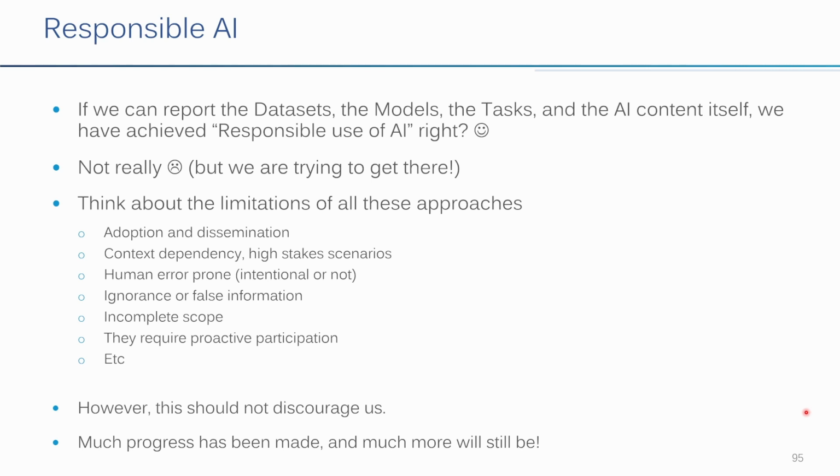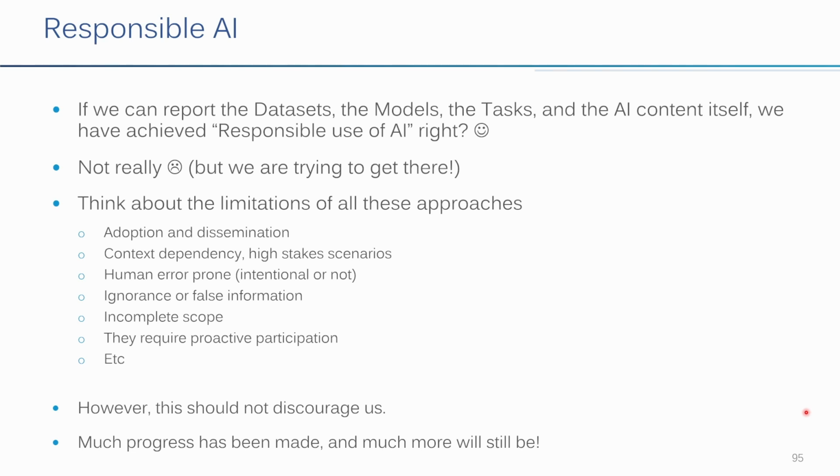For example, the adoption of all of them takes some time. Imagine one has to report all the steps in their work; it is quite complicated. It depends a lot on the context. In some high-stakes scenarios, we should still consider whether the use of AI is actually proper there.